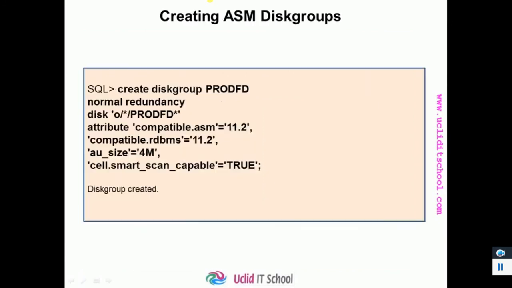Then once the grid disk is created, you can create an ASM disk group utilizing all these grid disks. So the procedure is similar whether you are adding a hard disk or flash disk.